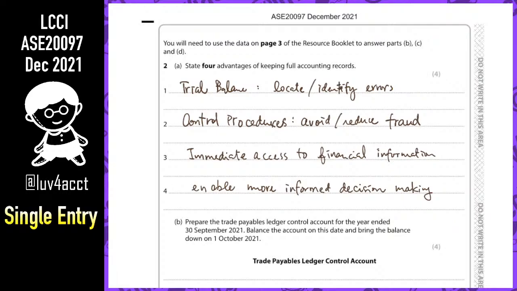For single entry, all you have is what I just mentioned: cash, trade receivables, payables. But if you want to know how much you have spent on wages, how much on for example electricity, how much purchases you make, you cannot know it immediately.